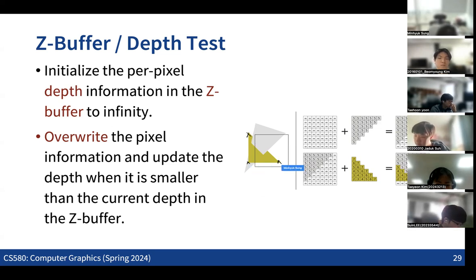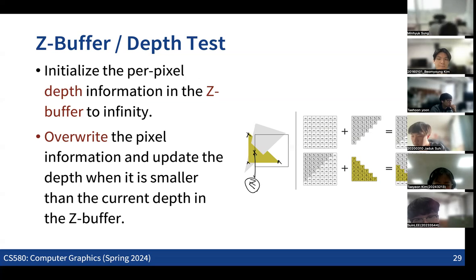Then we start to interpolate all the vertex information for the inside pixels, which is interpolating many things, as we will also discuss in later slides. But we are also interpolating the depth information, the z-axis information, which gives the distance from the image plane to the point in 3D space.